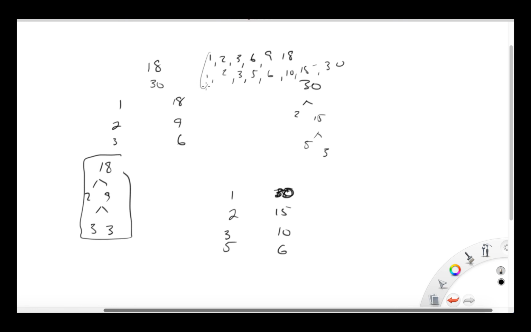So these are the same, these are the same, these are the same. 6 is the same, and then nothing else matches, because this is 18, this is 15, this is 30. So we're going to say that the greatest common factor, they both have it, is going to be 6.